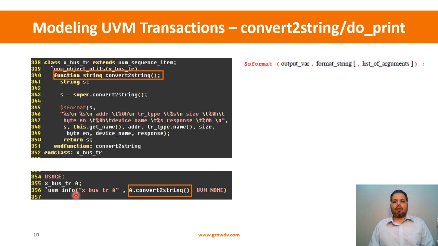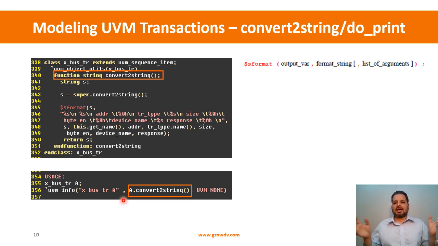Why one needs to do this compared to do print, which we are going to see in the next slide, is that sometimes you want to combine this information with some other information, right? For example here, I am displaying some information, like express transaction A or something, but this is just a very simple example.